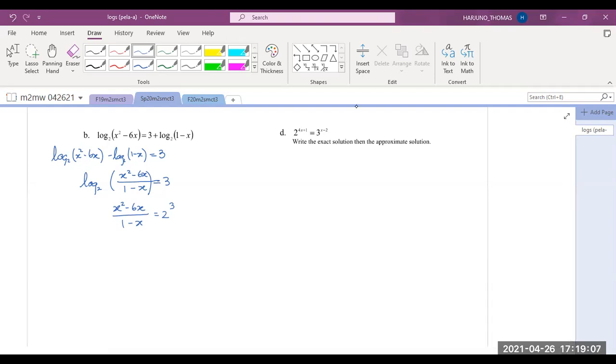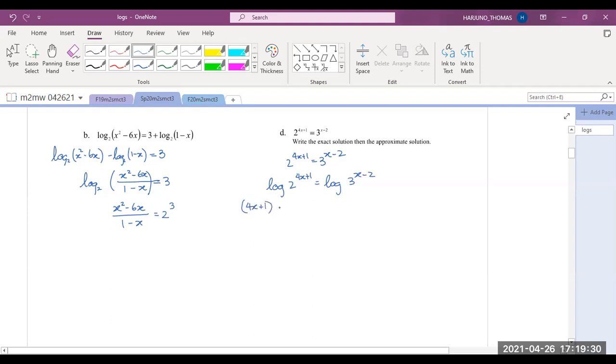Base 10, okay. Let me write it down first: 2 to the 4x plus 1 equals to 3 to the x minus 2, apply log base 10. And then move the exponent to the front.